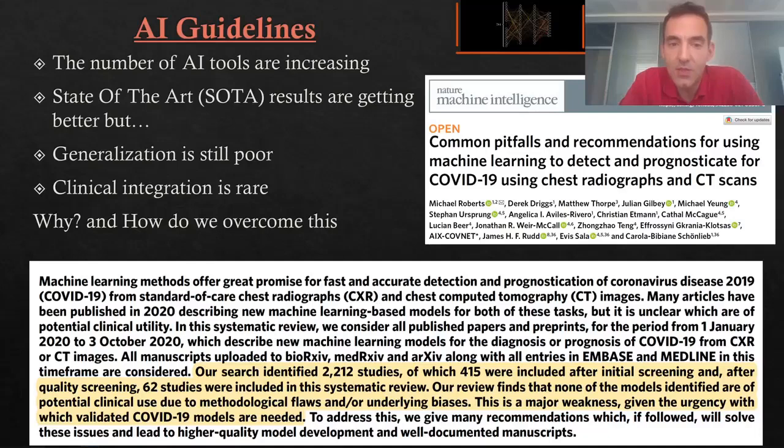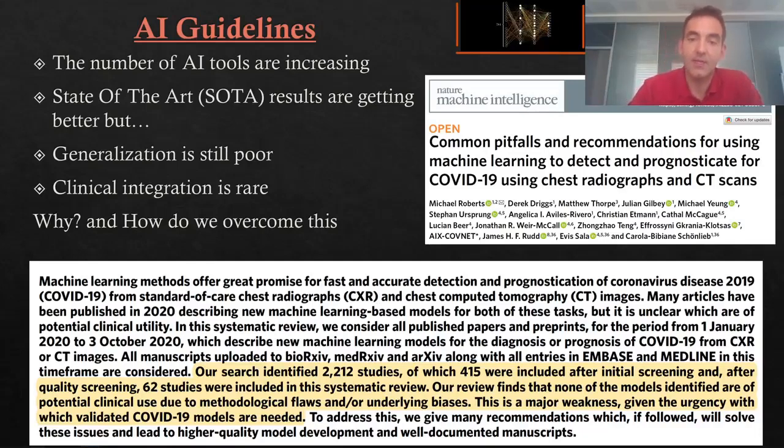And then they made a quality screening, and after the quality screening, the number of articles is reduced to 62. We are also going to discuss this quality screening, and after the systematic review of these 62 articles, they have concluded that none of the models identified are of potential clinical use due to the methodological flaws and/or underlying biases.